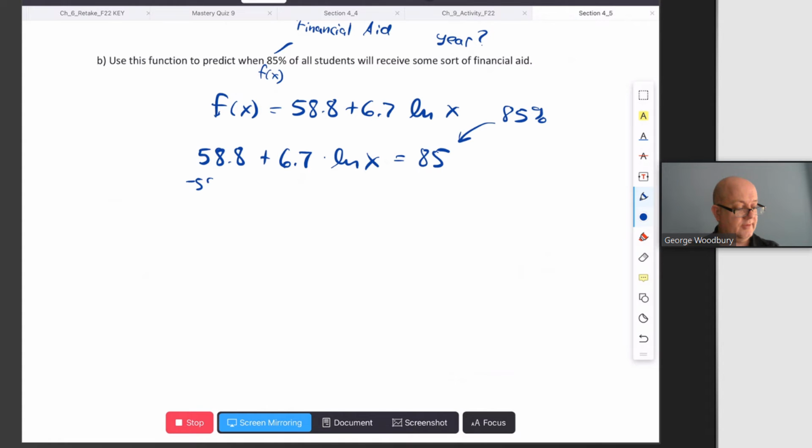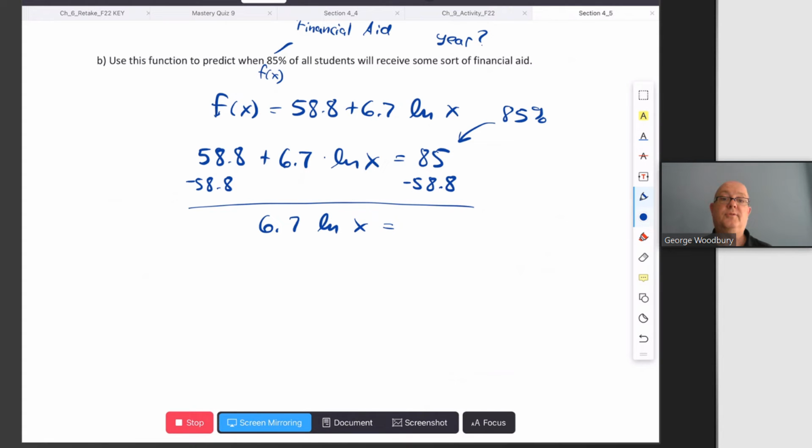First, we can subtract 58.8 from both sides. And that leaves us with 6.7 natural log of x equals 85 minus 58.8. That is 26.2. Divide both sides by 6.7. And I'd recommend trying to divide this on your calculator.